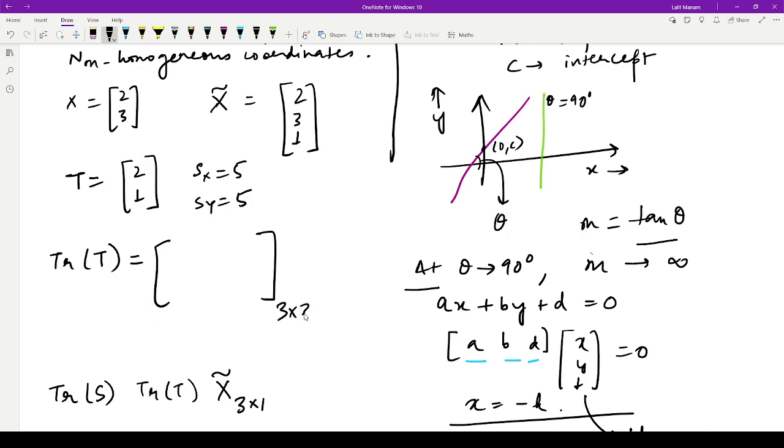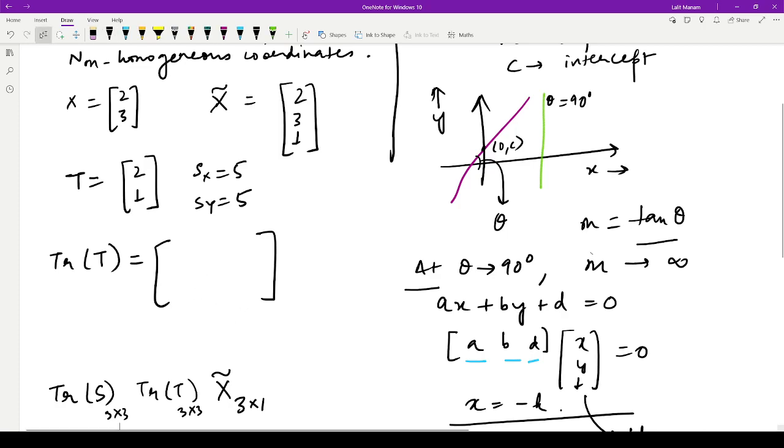And for the scaling? Also 3 cross 3, because whatever output we get after transformation should also be 3 cross 1. Since the input is in a homogeneous coordinate system, the output should also be in a homogeneous coordinate system.